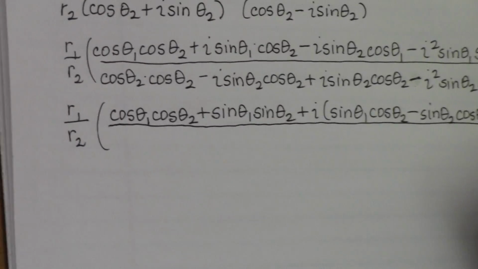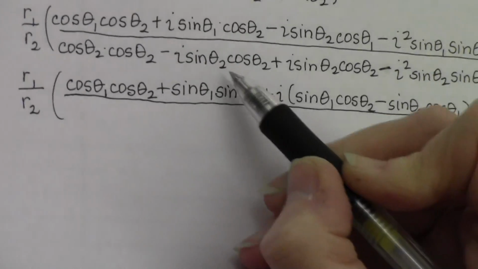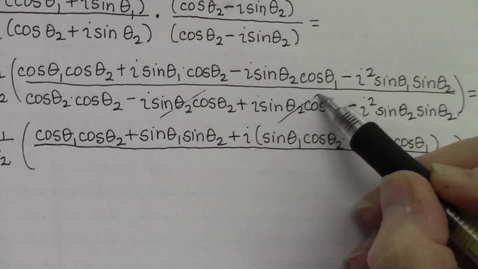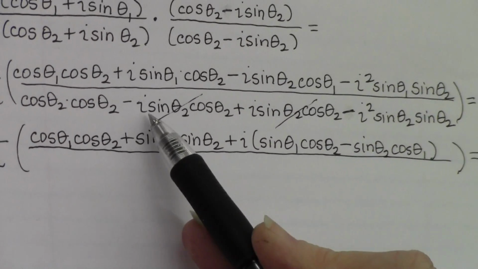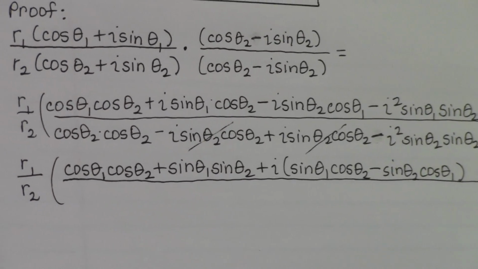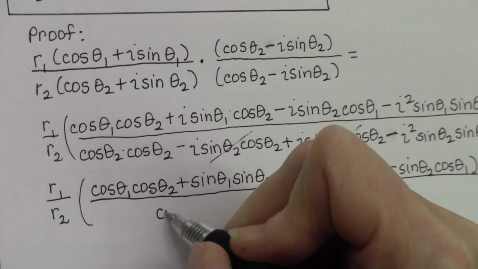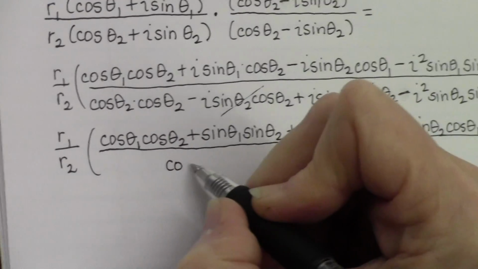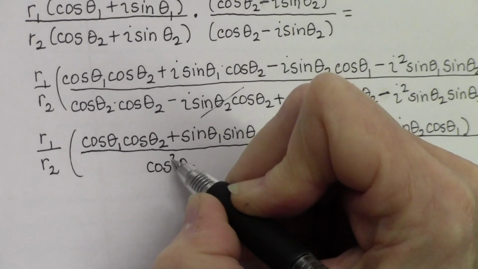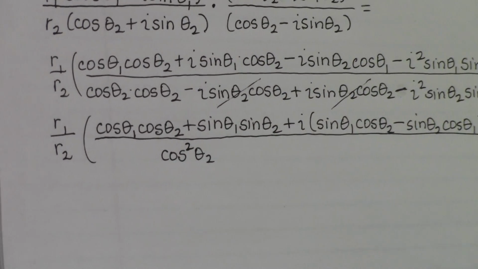And now we need to look at the denominator. The good news in the denominator is that these two middle terms are going to zero out. You have negative mess and positive mess, and it becomes a 0. So I'm left with cosine theta sub 2 times itself, which is cosine squared theta sub 2.